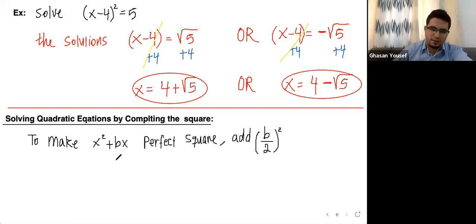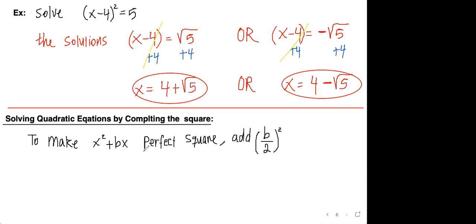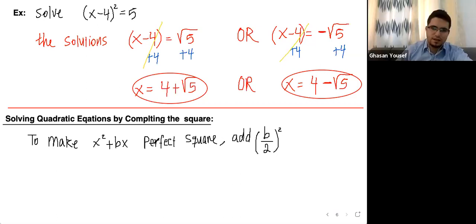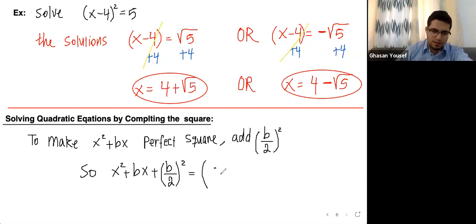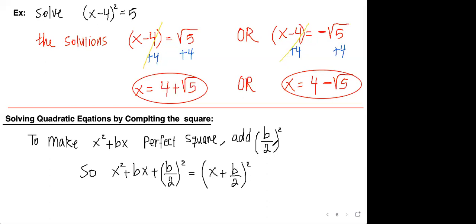After I add this to the quadratic expression, x squared plus bx plus (b over 2) squared gives me a perfect square, (x plus b over 2) squared. It's going to give you a nice number.